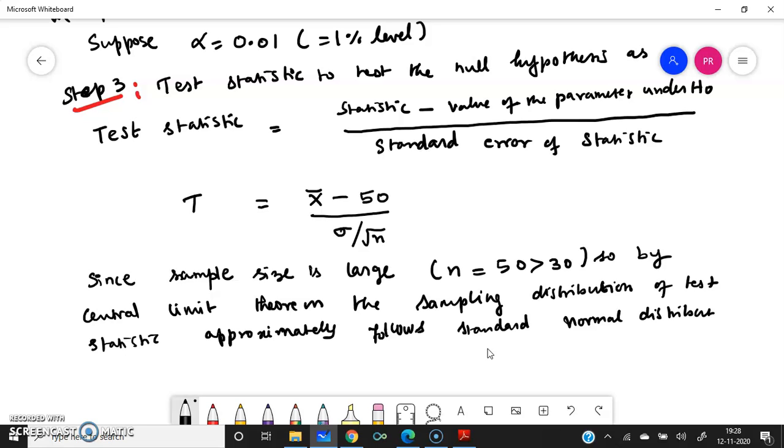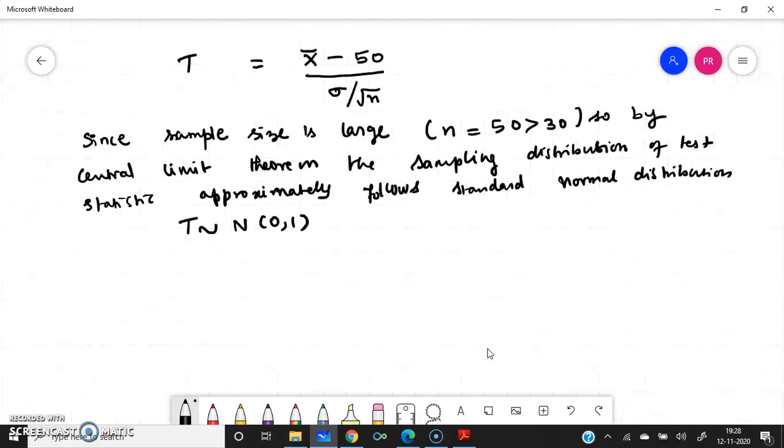The central limit theorem says that if the sample size is large, that is greater than 30, then whatever distribution it is following, the sampling distribution approximates the normal distribution. Our sample size is more than 30, therefore the distribution will follow the normal distribution approximately.